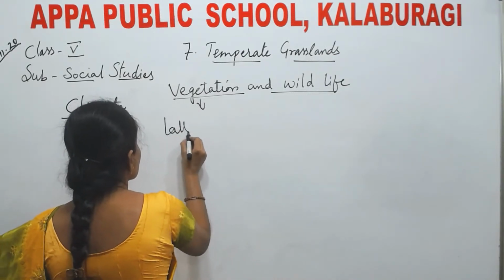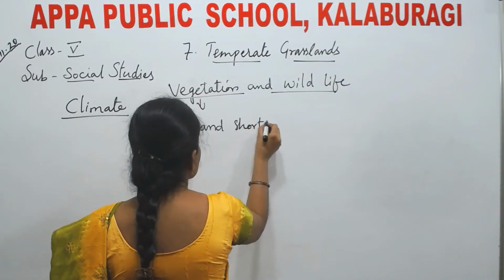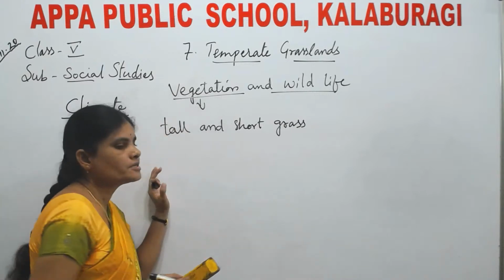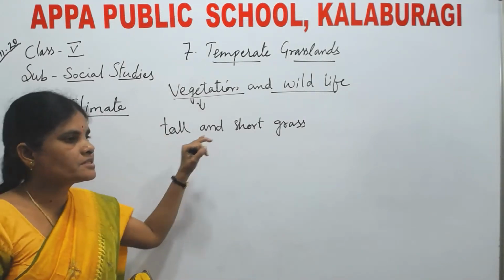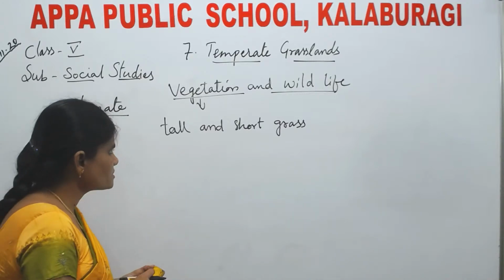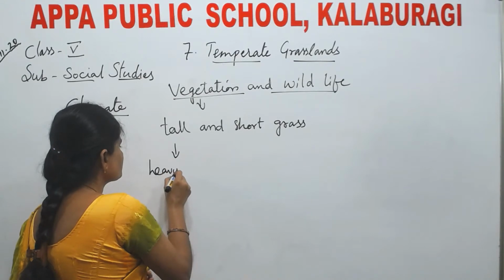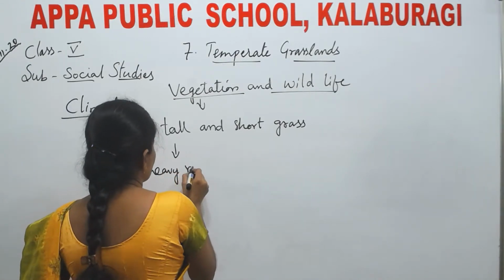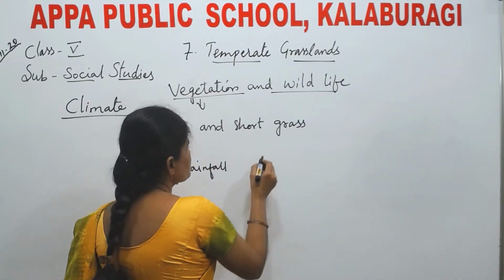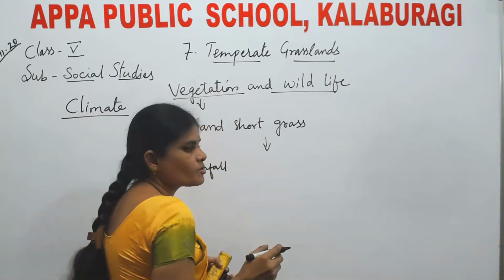Tall and short grasses are the vegetation of these temperate grasslands. Tall grasses are grown in the areas which receive heavy rainfall, and short grasses are grown in the areas which receive little rainfall.